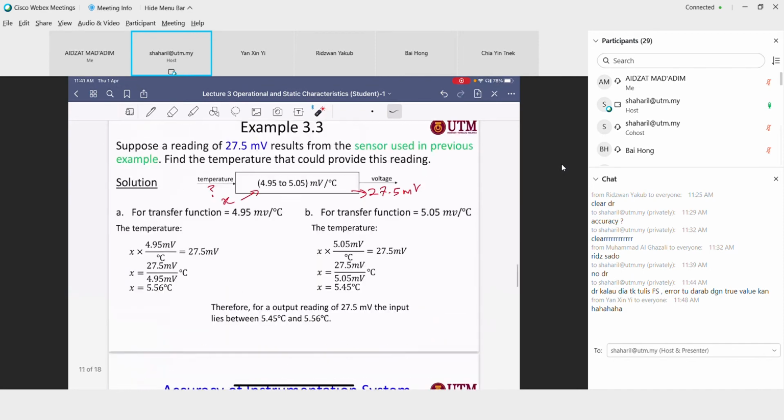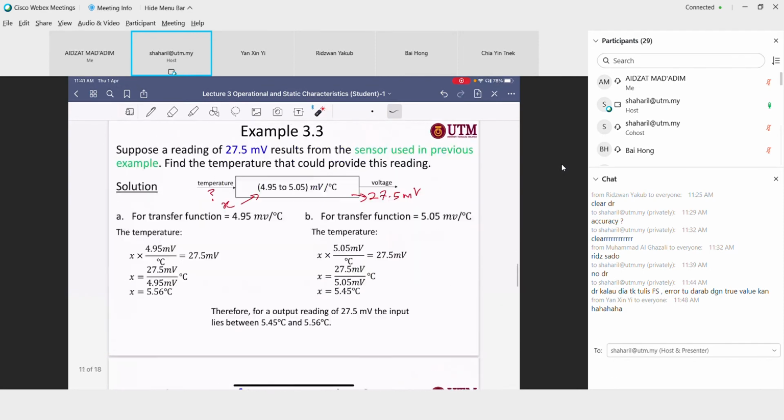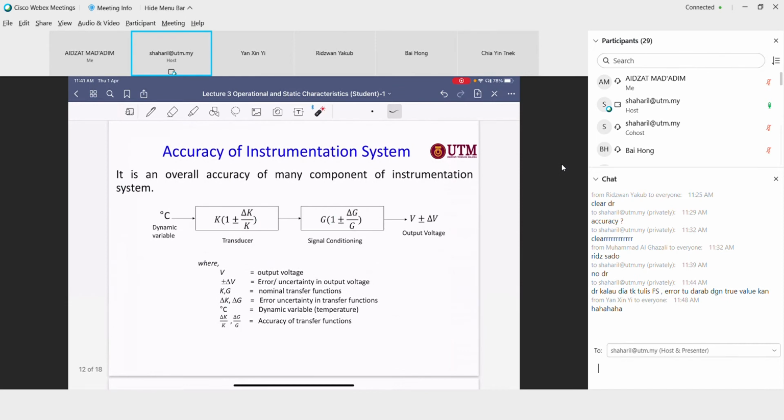The previous example was more about the transducer itself. When you have an instrumentation system, remember it has four components: transducer, signal conditioning, analog to digital, and also display. Most likely your system will require two signal conditioning stages, signal conditioning 1 and signal conditioning 2, and from that we can determine the accuracy of the overall system.